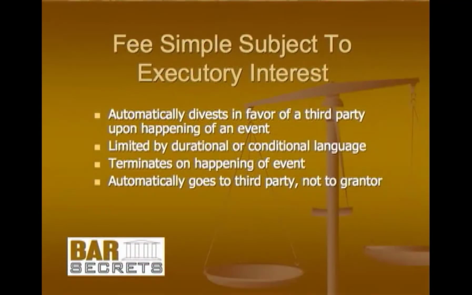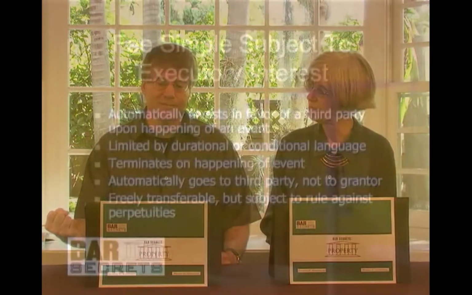To John, but if he ever divorces my beloved Mary, to Bill. It's that third party that distinguishes these executory interests. And they terminate automatically. So the minute John leaves Mary, Bill is the true owner.